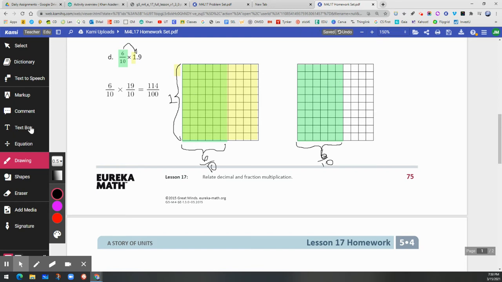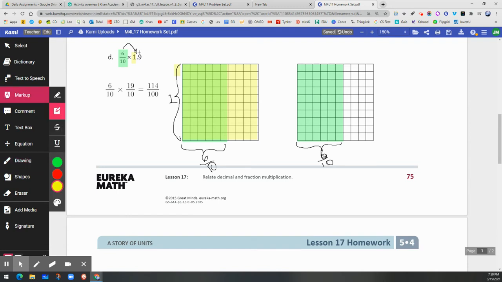All right, now we're going to do the same thing with the 9. We're going to show 9/10 over here, but now we're going to show this horizontally. So this is 1/10, 2/10, 3/10, 4/10, 5/10, 6/10, 7/10, 8/10, 9/10.